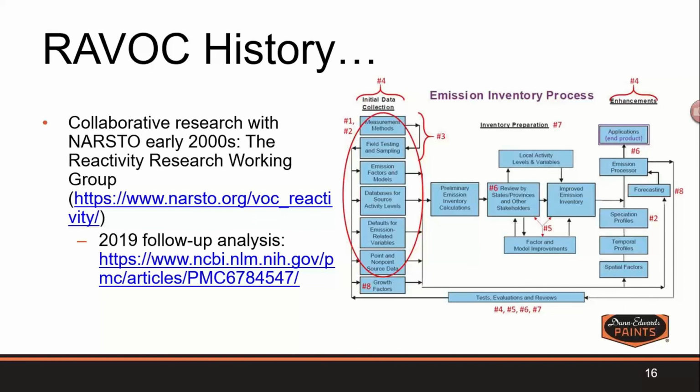So from this NARSTO report, there has been an increase in inventory emissions. For example, manufacturers are required to report on VOC emissions to the state every year. But there's much more that needs to be done.